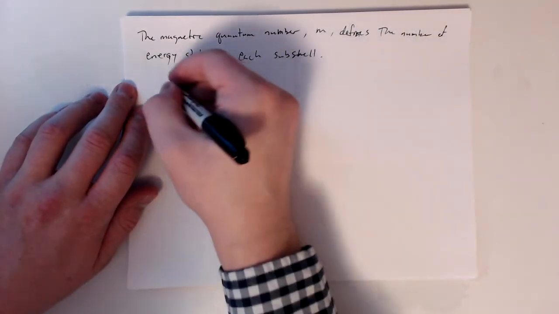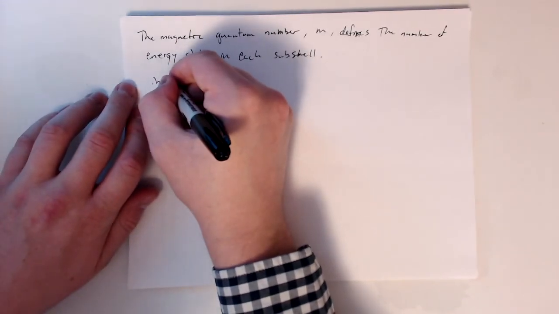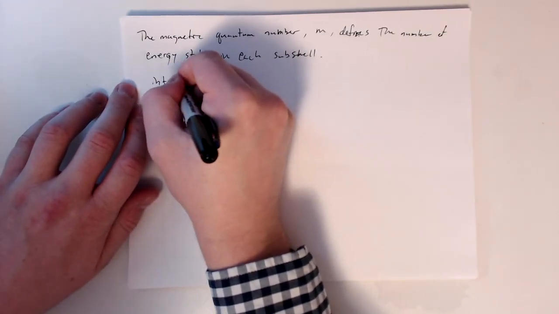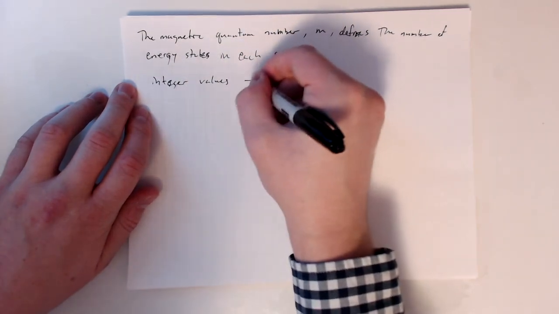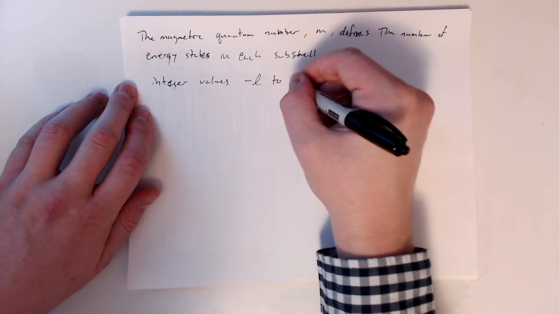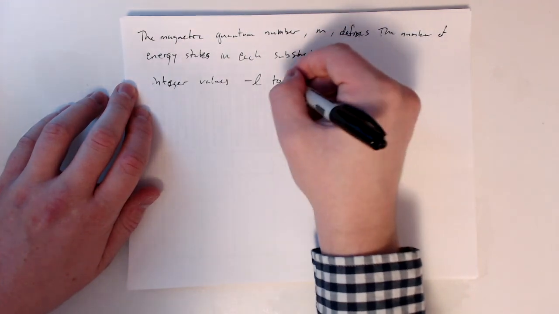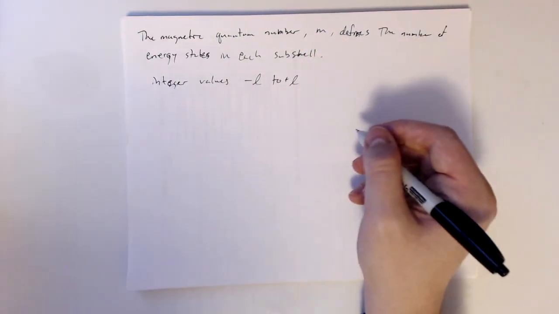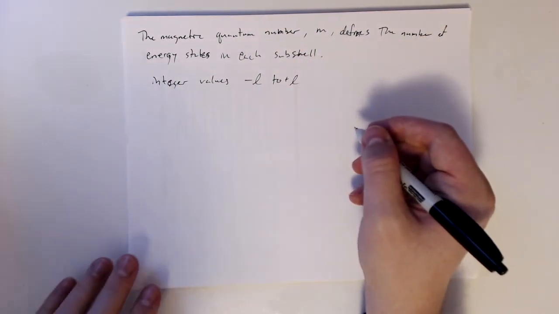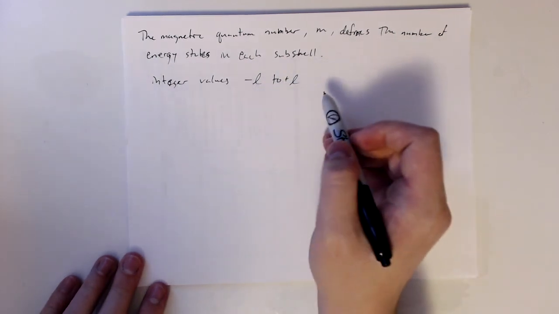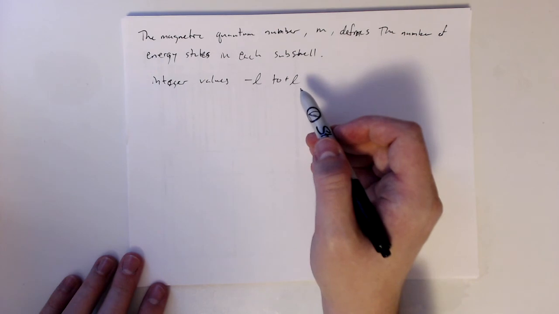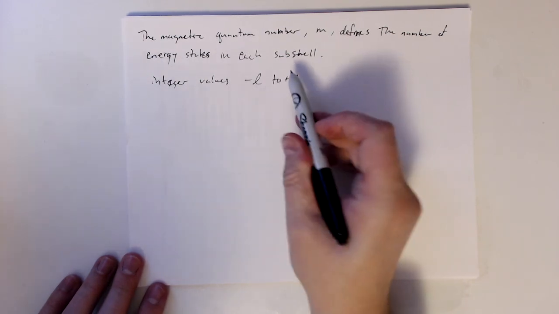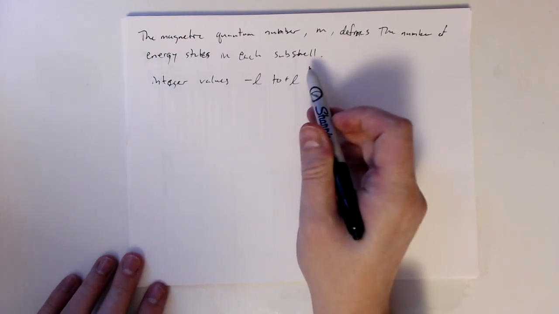So this has integer values again, but this time it's going to be from minus L to positive L, and that includes 0. So we can come up with all the different energy states for each of the electrons in each subshell. All right.